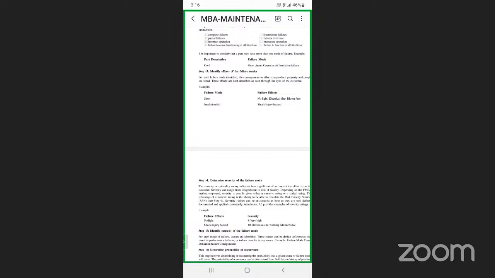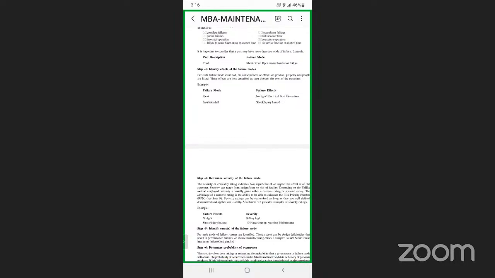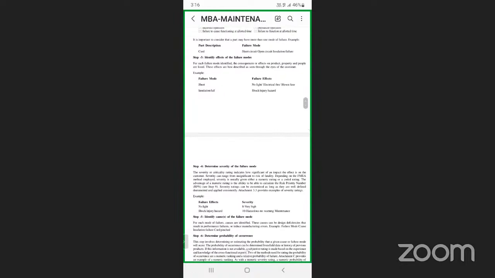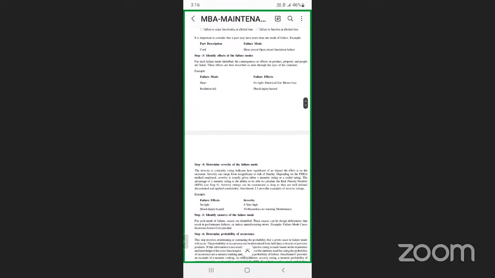Third step, we identified the effects of the different failure modes on product, property, and people. What are the different effects when the component fails? What will happen? Will it blow, and will there be a fire accident because of that, or will it just break down and there won't be any current supply? So what is the failure mode and what is its effect? We have seen that in step 3.